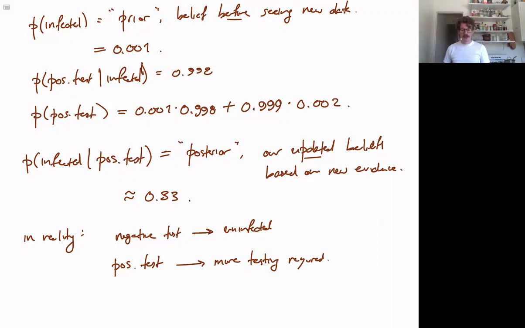So just to say a couple words about this philosophy, the idea is that Bayes' theorem tells you that if you have some prior belief or hypothesis about the world, and you see some new evidence, then it tells you how to update your beliefs based on this new evidence.